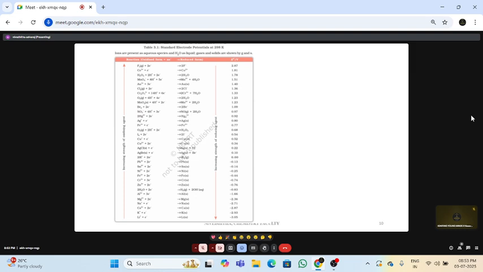For example, I have a reference electrode here, which is SHE. What is the value of SHE? 0.0 volt, ma'am. Yes, 0.0 volt. And we have connected all the unknown elements with SHE, and we have measured the reduction potential.